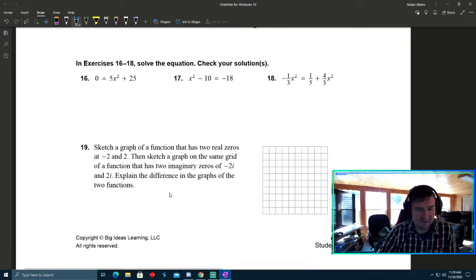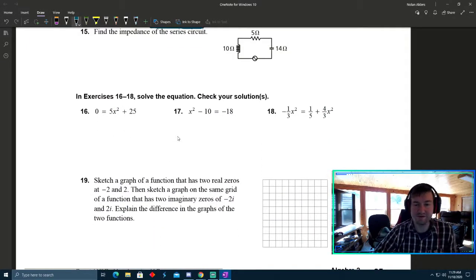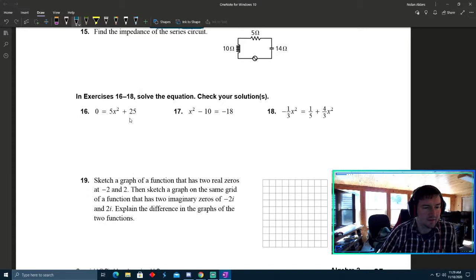The last kind of problem we want to look at is down here where we can solve equations now with square roots of negative numbers. So if we were to solve this equation, we could subtract the 25 over here, right? So we'd have negative 25 equals 5x squared.